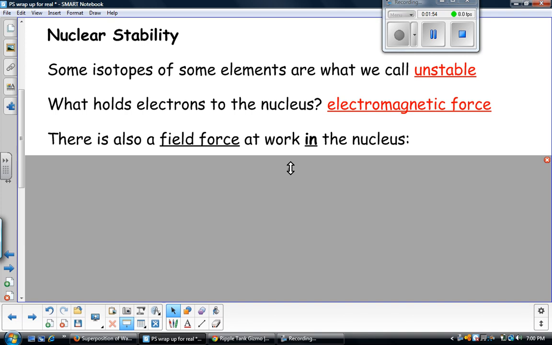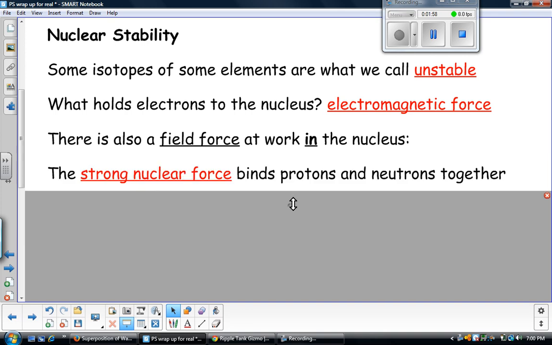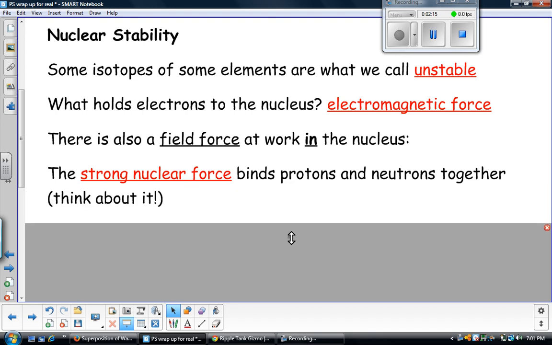It's not the electromagnetic force, it's not the force of gravity. It's what we call the strong nuclear force. The strong nuclear force binds protons and neutrons together. Now, they shouldn't be attracted to each other because one is positive and one is neutral. So it's not the electromagnetic force, it's a different force, the strong nuclear force. Think about it. All those protons inside the nucleus, they all want to be repelled from each other.